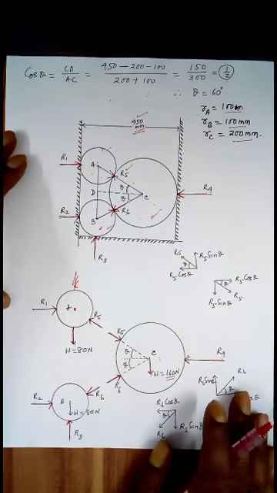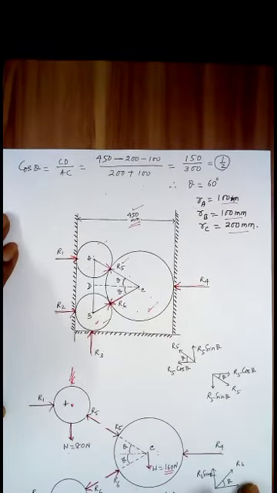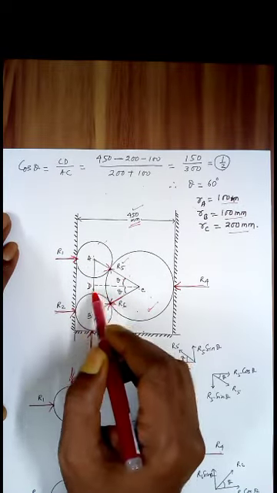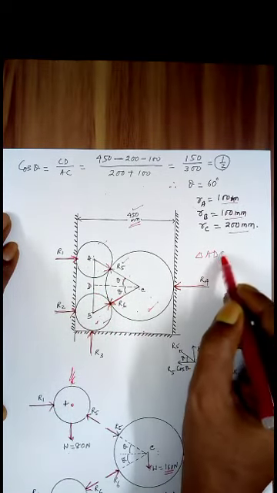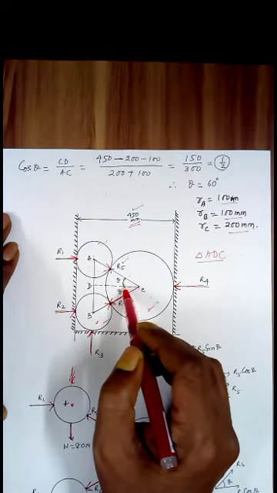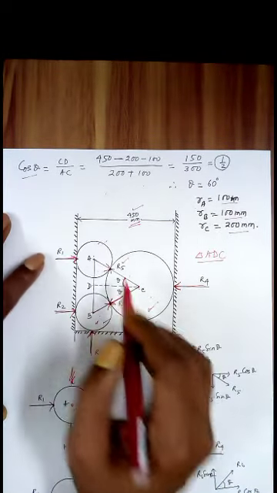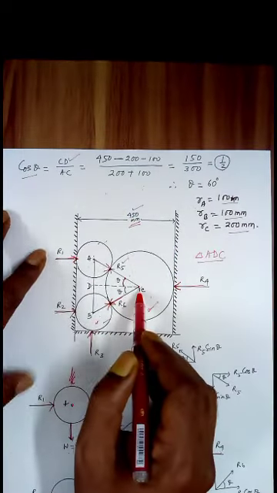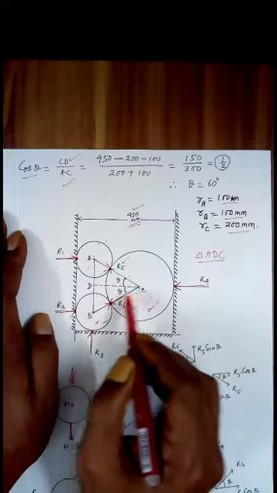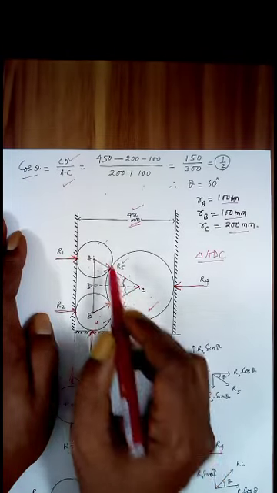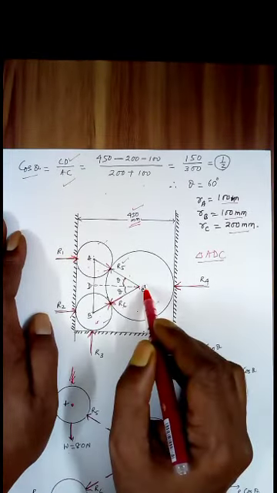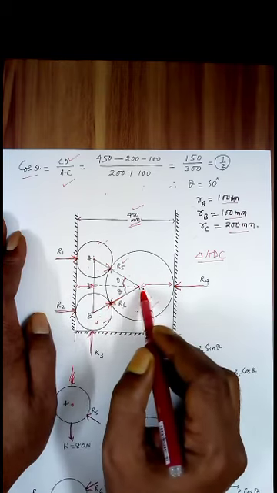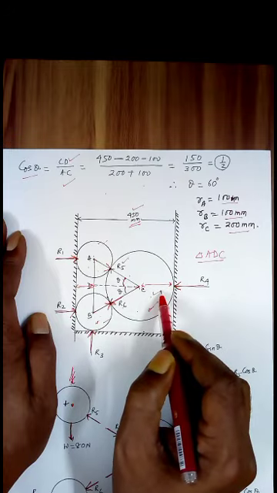Now let us find out how much theta is. Look, in triangle ADC, this angle is theta. So cosine of this angle is equal to base CD over hypotenuse AC. Now how much is CD? CD will be 450 minus this and minus this. From here to here is the radius of this, that is 200.